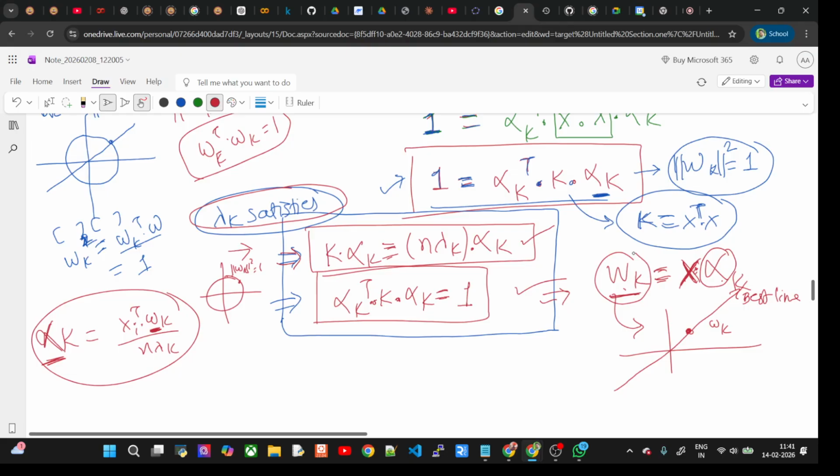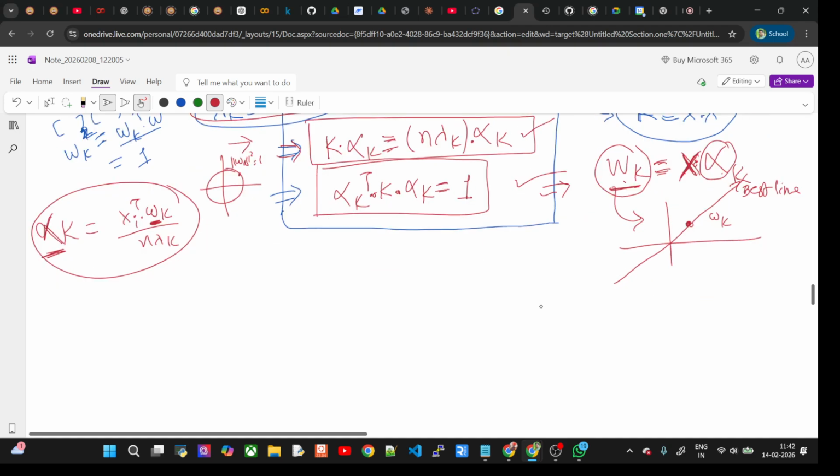But there is an important point here. Because in the last sessions we understood one point, a linear algebra fact, when we derived the SVD and all.